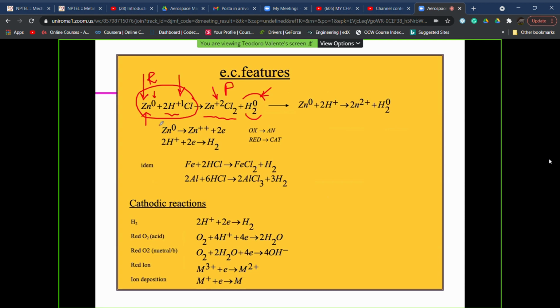The oxidation reaction is this one, and is also called the anodic reaction, because the anode is the material which is going to be consumed, which is going to be oxidized. And the reduction reaction is this one, as we have already said, which is the reaction happening at the cathode.